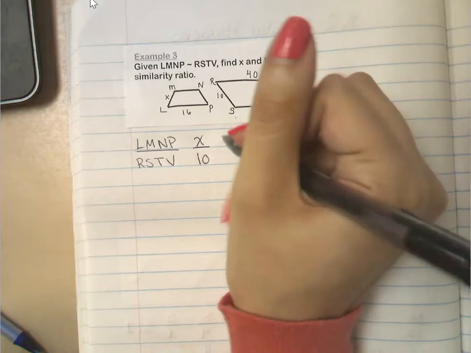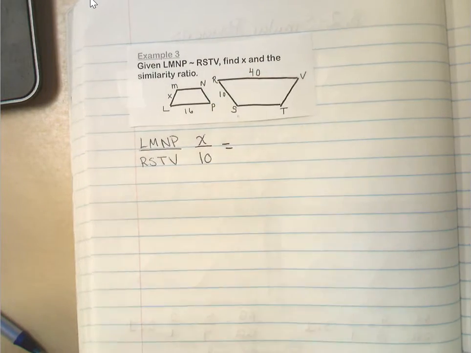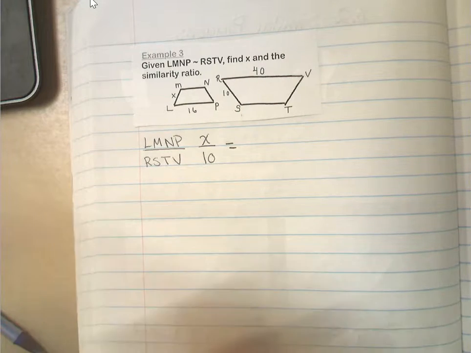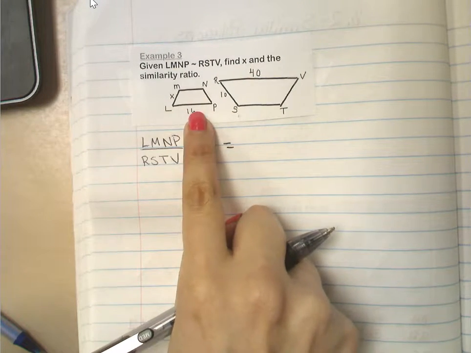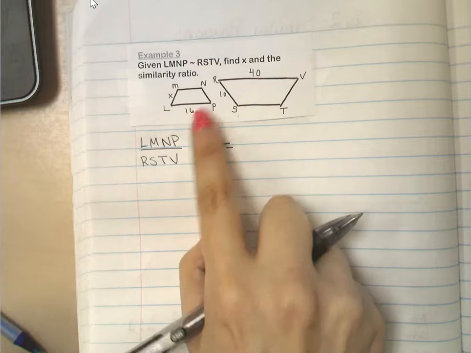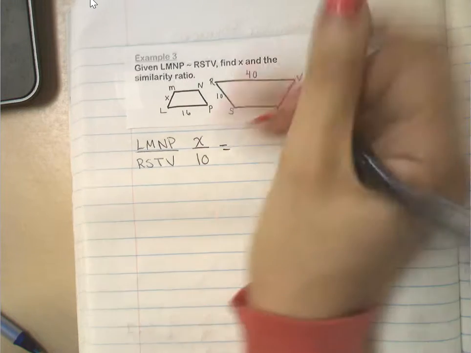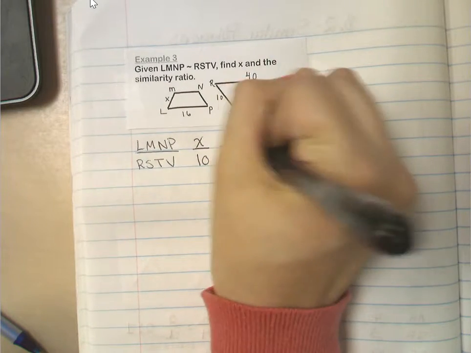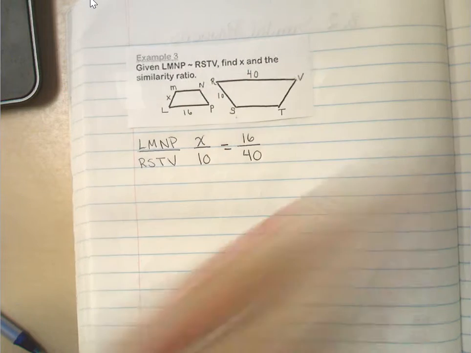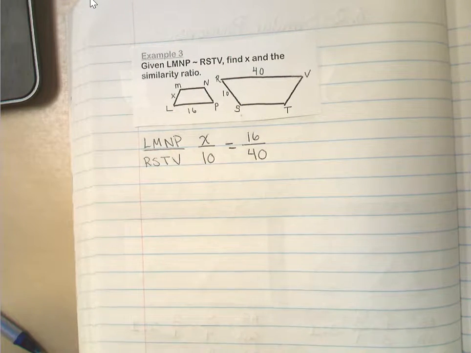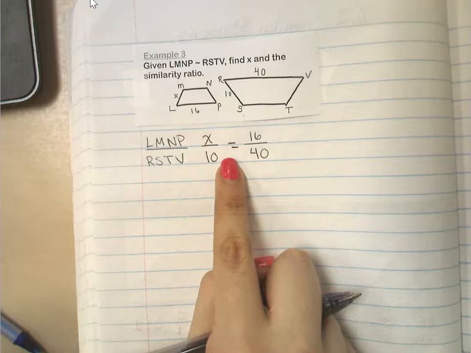And I'm going to set up a proportion. That means the 16 has to match up to the 40, that's the longest side of my trapezoid. So the 16 goes on top, the 40 goes on the bottom.